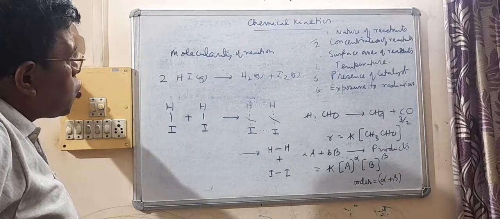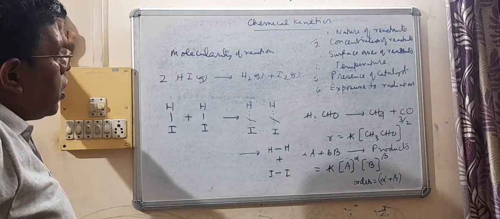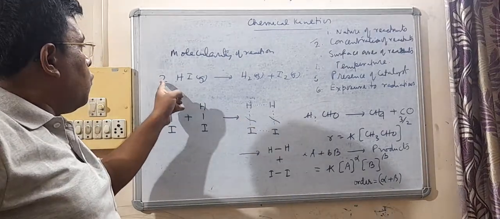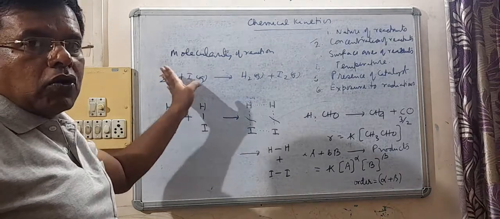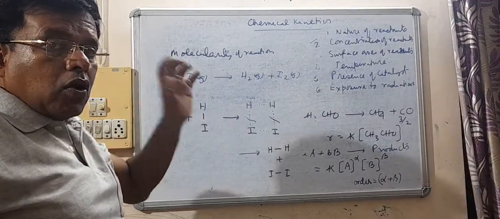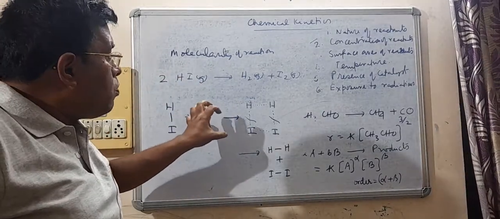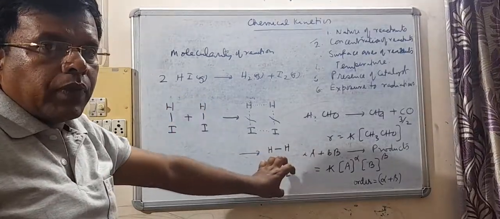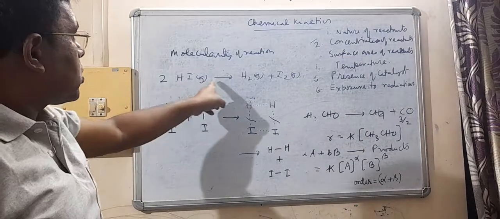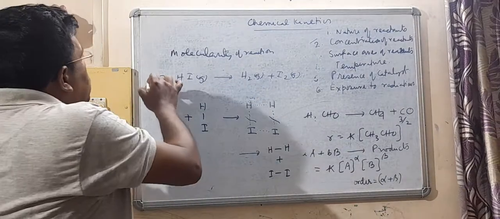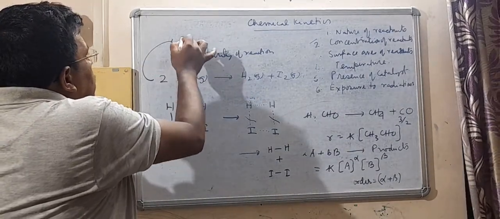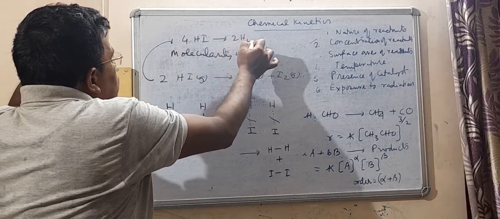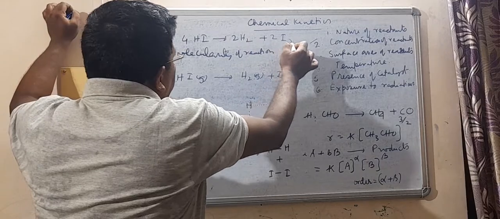Now you should not think that its molecularity is 2 because here the coefficient is 2. It's not because of this. It is because of how many molecules are colliding leading to the change. Because for this reaction, somebody can also write it like this: 4HI arrow 2H2 plus 2I2.